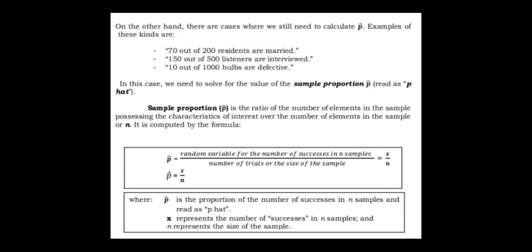X represents the number of successes in n samples and n represents the size of the sample.